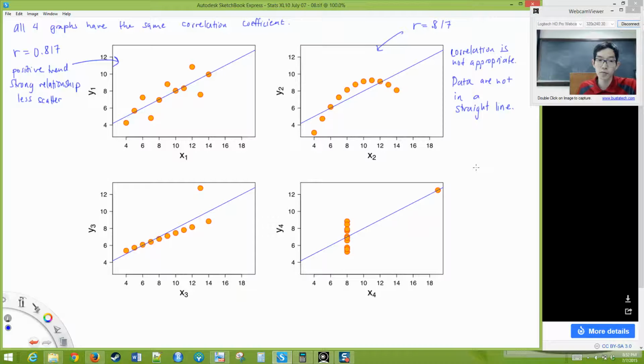Over here, the data look like they're almost in a perfect straight line, with the exception of one outlier here, right? Otherwise, you would have a perfectly straight line right here, okay?